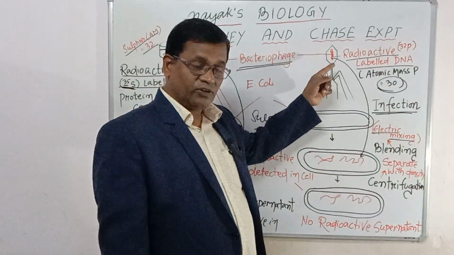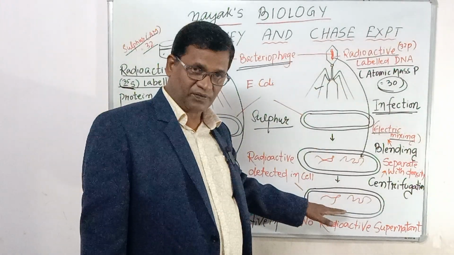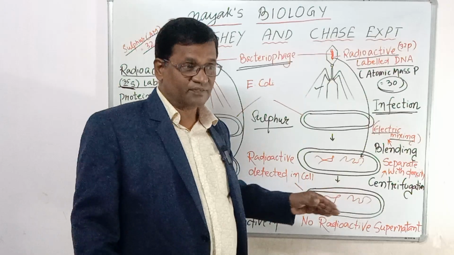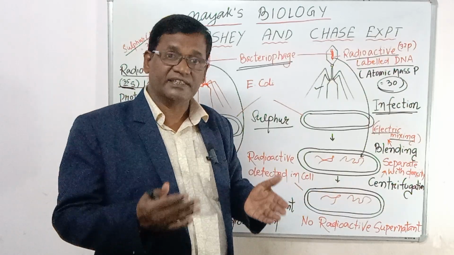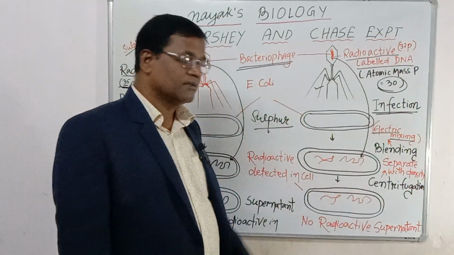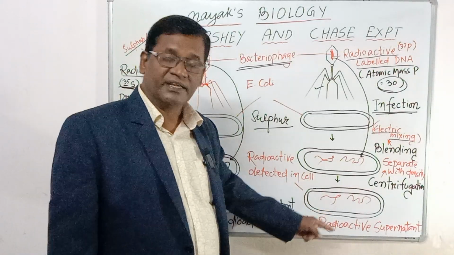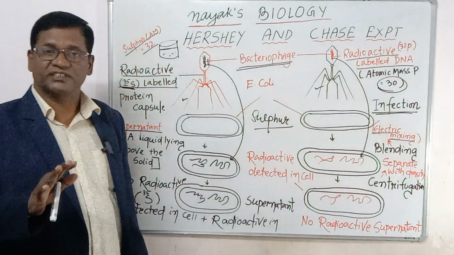But when the DNA was radioactive, radioactive bacterial cells were found. That's why, when an organism infects, it inserts its genetic material, and that genetic material is seen in the bacterial cell E. coli. It proves that DNA is a genetic material.